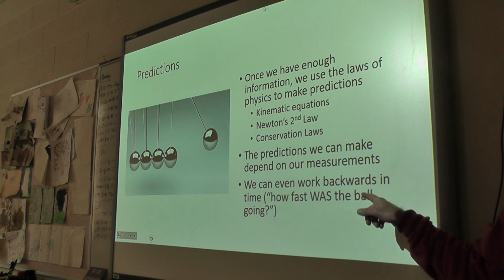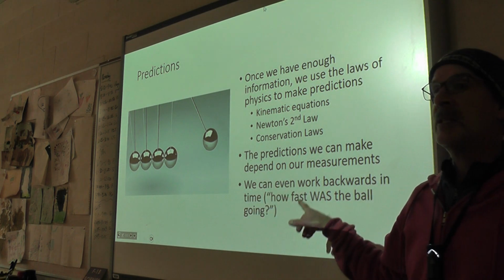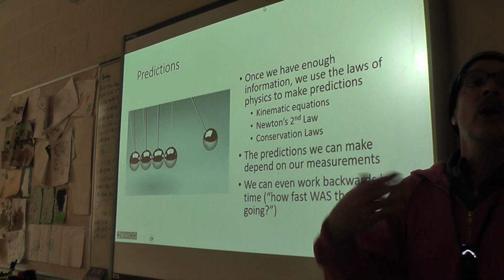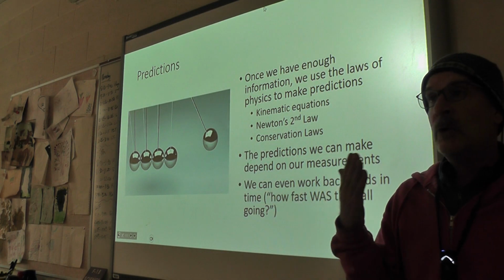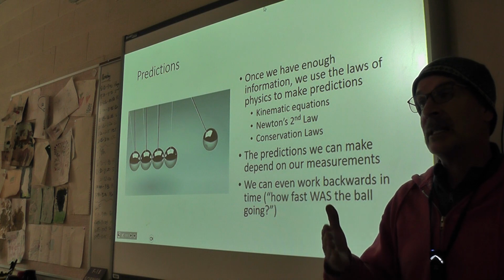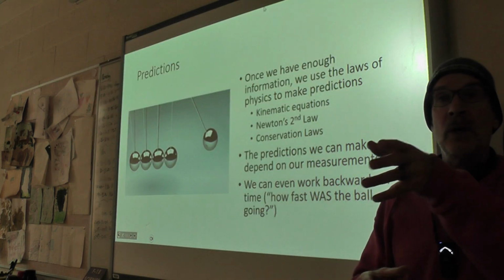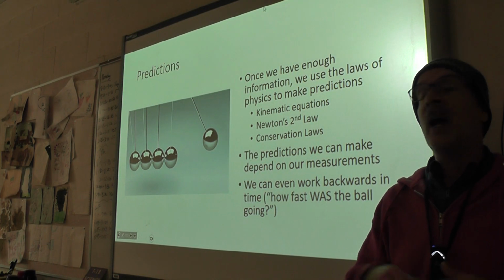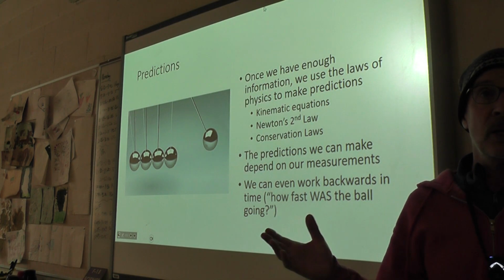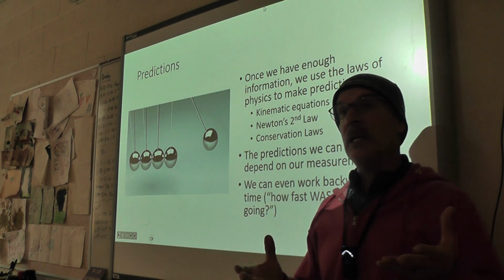But this is where I told you about that forensic investigator who studies car crashes. And the kinds of questions that he is asking are things like, well, where was car A when car B turned into the roadway? How fast was car B going when these two cars hit each other?